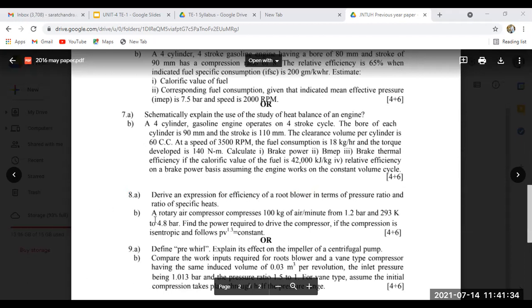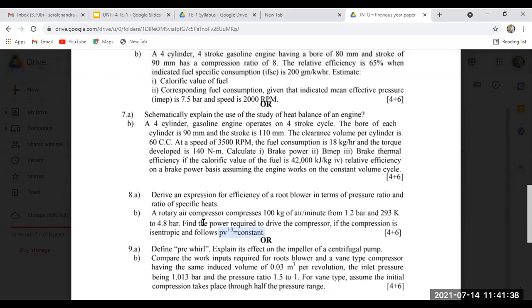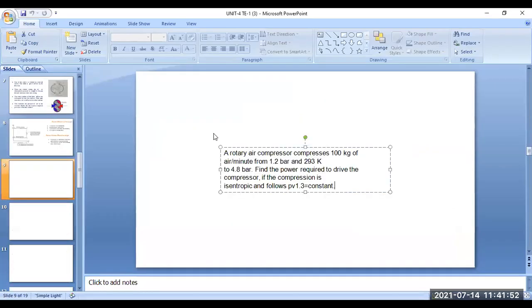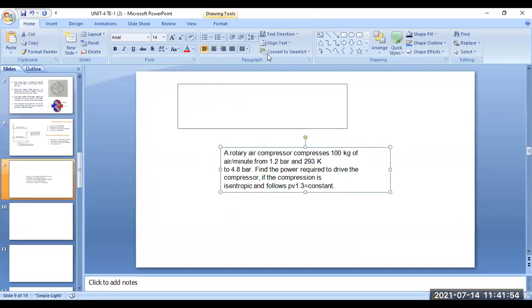Once I copy this question, be ready with a calculator. Quickly we will do it. This question is very simple. We will just put the formula and get the answer. Yeah, here we have the question.